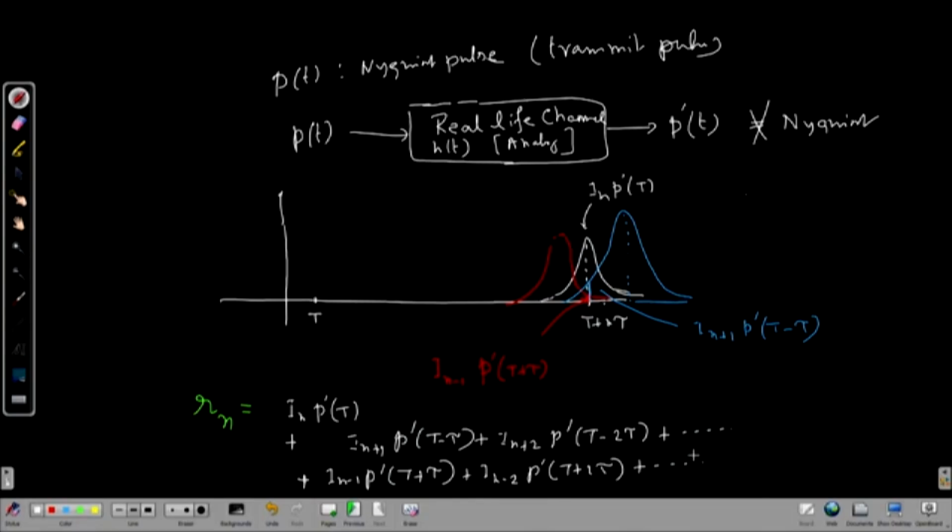Let me give some names to them. This is a constant. Once you have chosen p t and passed it through a channel, you know what p prime t is, it is a fixed waveform. So its values at different sampling points are known to you, like the value at capital T. Only thing is the value is not known when the channel is not known, which is most often the case, but still it is a constant waveform.